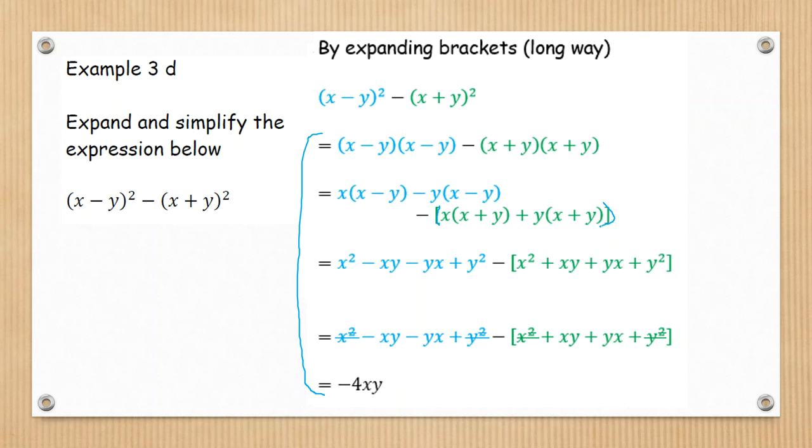I just like square ones when I've already got these brackets here. Then eventually, x squared cancels with x squared. Minus xy minus that. 1, minus 2, minus 3, and minus 4. So we get minus 4 of them. The y squareds cancel here. So you can see here that it's cancelled. That's cancelled. That's cancelled. That's cancelled. So we've got 4 of these. So yeah, I would not recommend this way. I just wanted to show you.